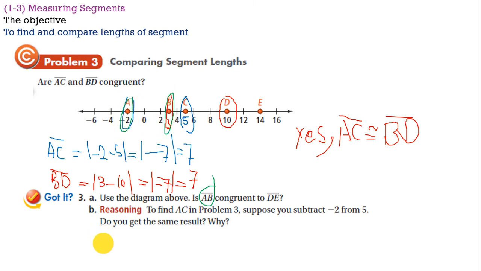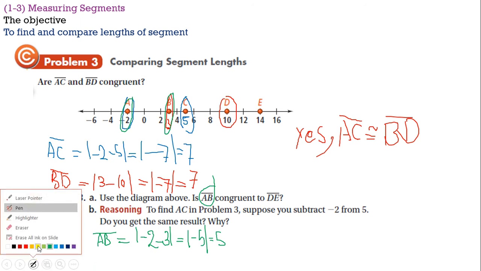So AB is equal to the absolute value of -2 minus 3, which is the absolute value of -5, which is 5. You can just count it directly from the diagram, right? Just keep this in mind. You can just count it immediately if you want. But I usually prefer this way to show you and use the ruler postulate.